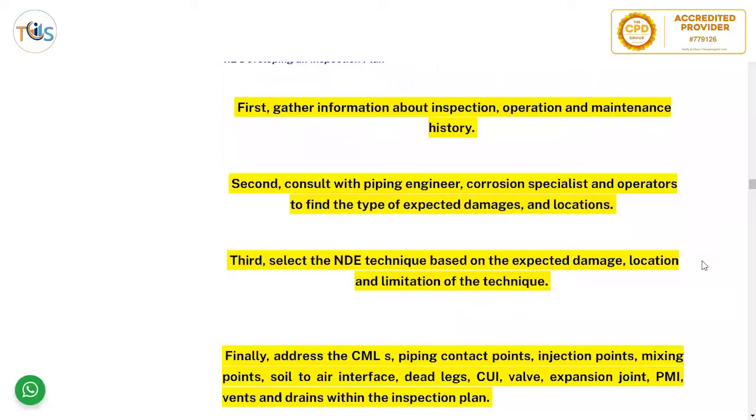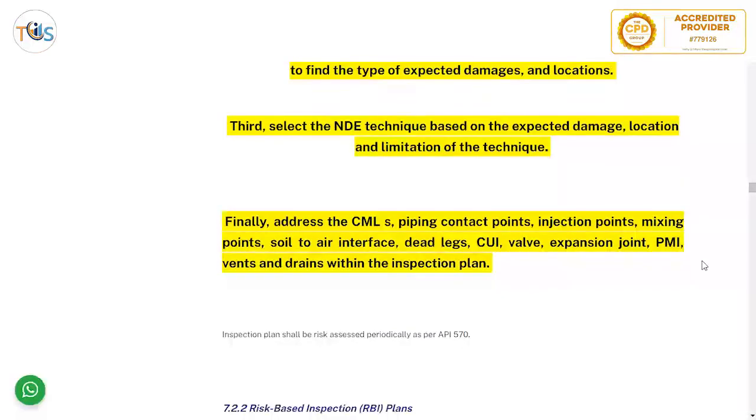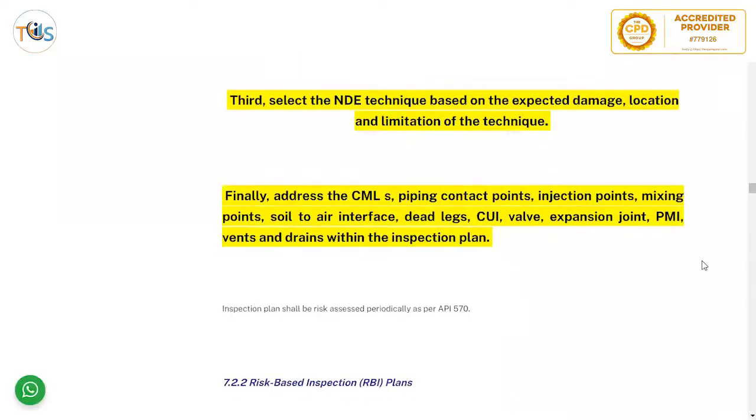Developing an inspection plan. First, gather information about inspection, operation, and maintenance history. Second, consult with piping engineer, corrosion specialist, and operators to find the type of expected damage and location. Third, select the NDE technique based on the expected damage, location, and limitation of the technique.